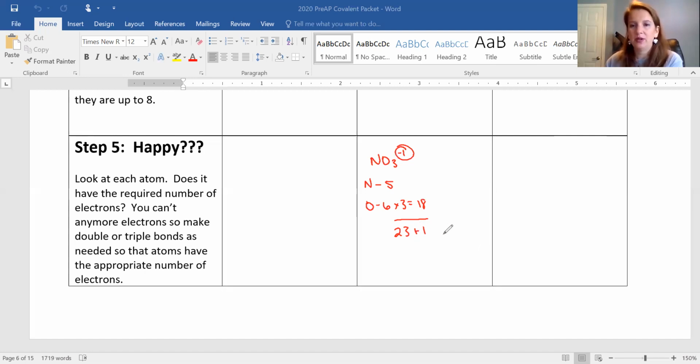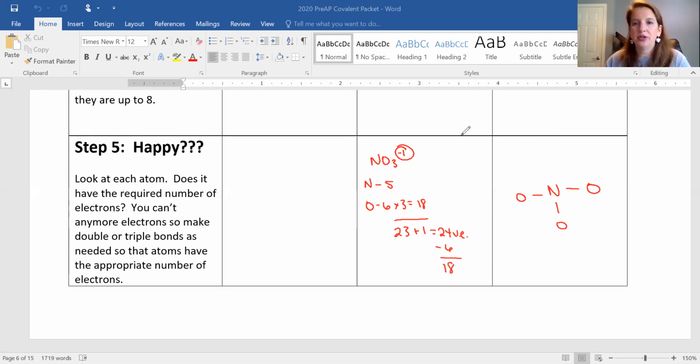So we have 24 total valence electrons. When we draw our skeleton and decide what's going to go in the center, we're going to put nitrogen in the middle. It's least electronegative, furthest to the left. Never put hydrogen in the middle if you get something with hydrogen. And connect everything to the central atom with a line, and we use 6 electrons. So we have 18 left.